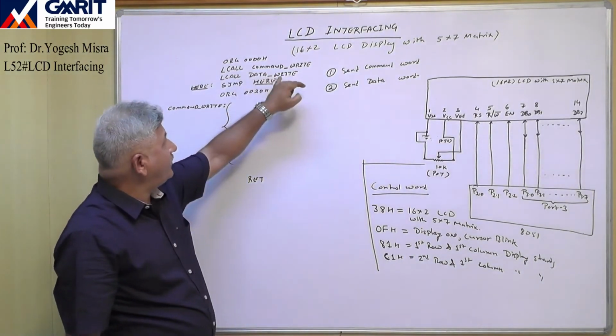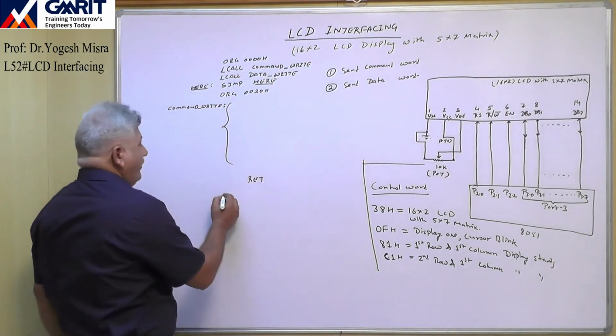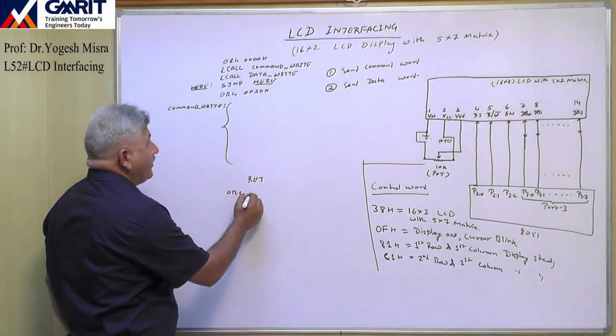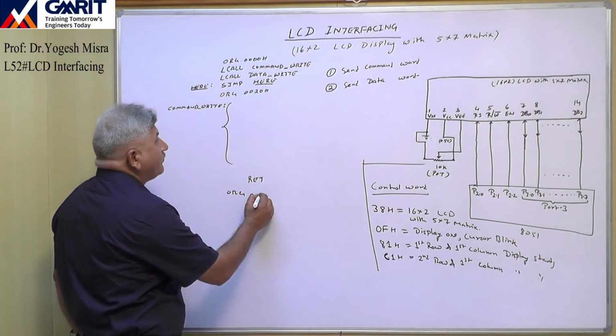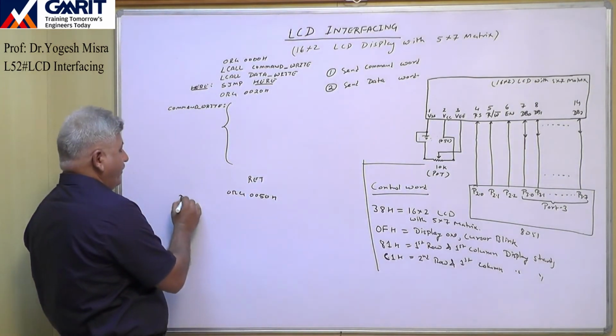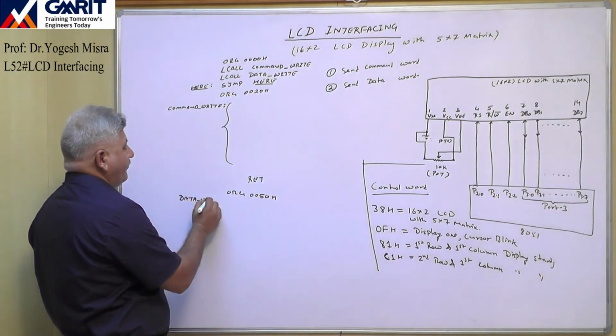Now with this instruction, the controller will come to another label that we have written from the location org 0050H. Here we have written the instructions for data write.